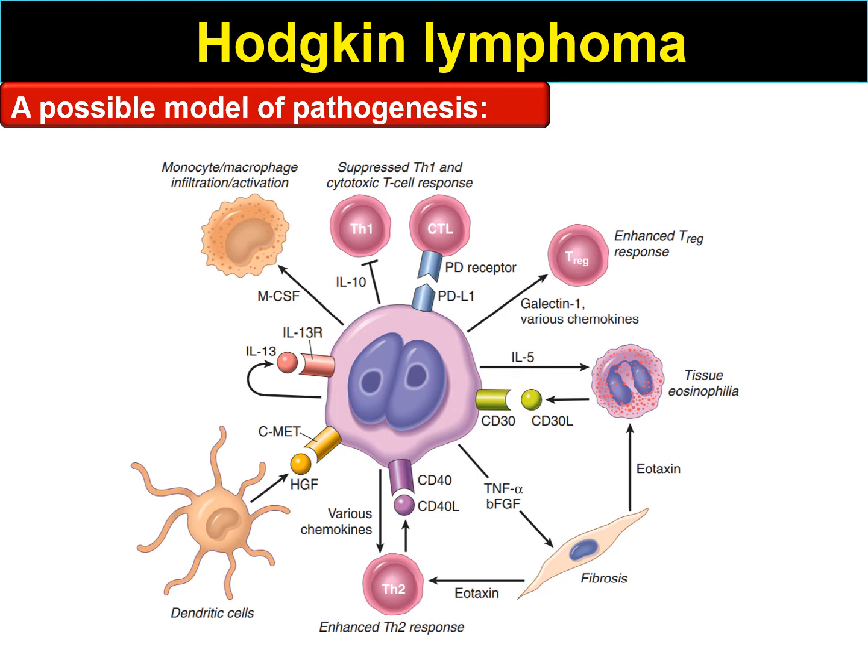This Reed-Sternberg cell is an active cell, and it is continuously in crosstalk with the cells present in its surrounding, and it does so by expressing many receptors and secreting many cytokines or chemokines that perform this crosstalk.